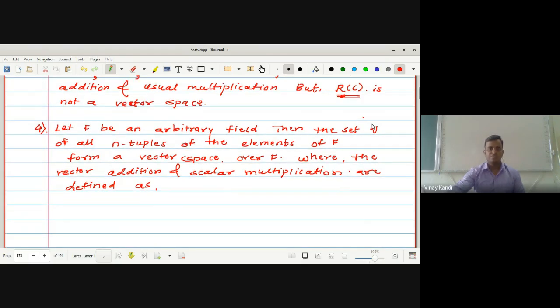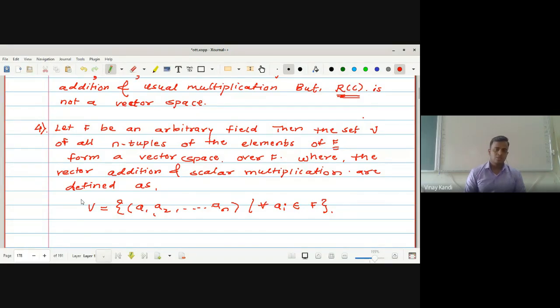First define the set V. What is the nature of V? The set V is of all n tuples of the elements. The n tuple means a1, a2, up to an. This is the n tuple where all the elements belong to field F, for all ai belongs to capital F. So this is the nature of set V.